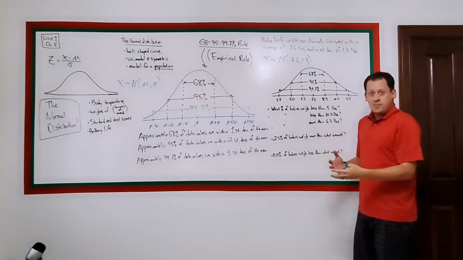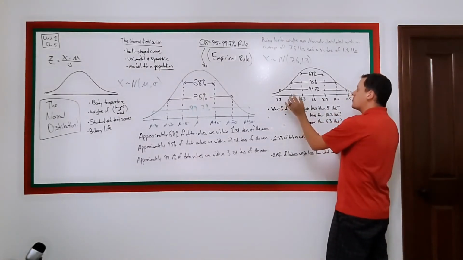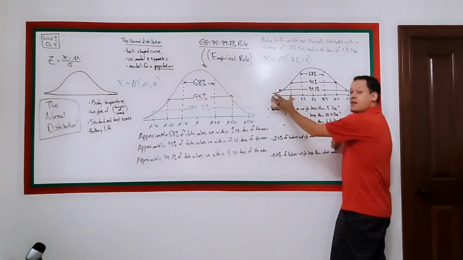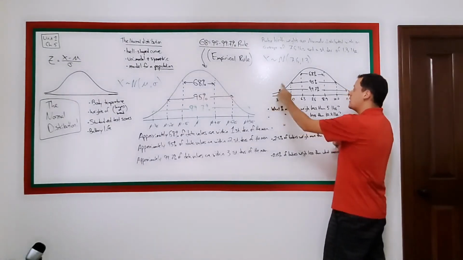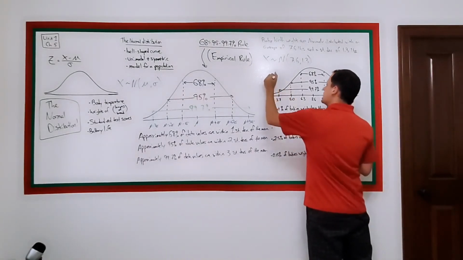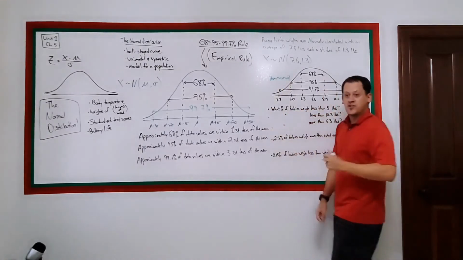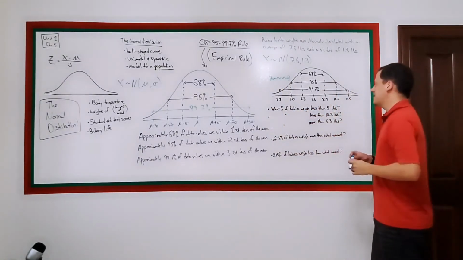So what percent of babies weigh less than 5 pounds? The percentage of babies that weigh less than 5 pounds is the same as the area under the curve to the left of 5. It's this area right here. Okay? We need to find what this area right here is. What percentage of the curve is there?